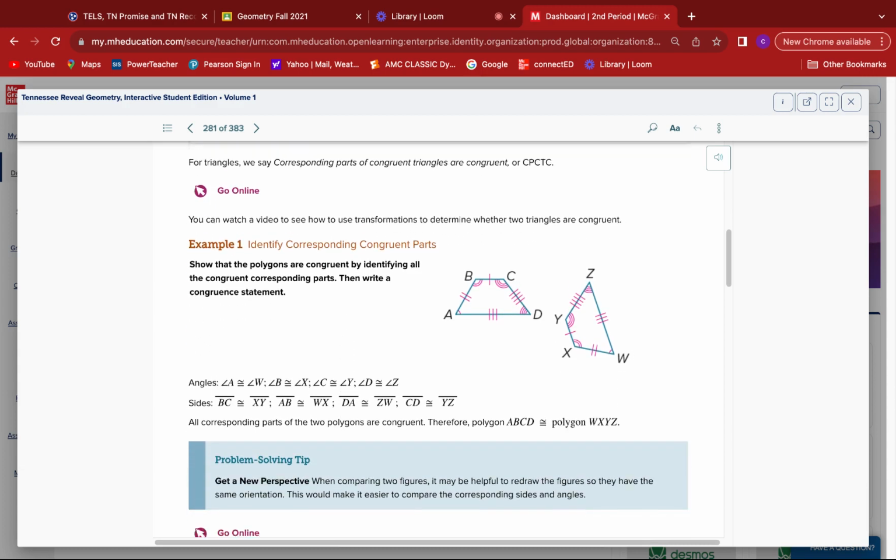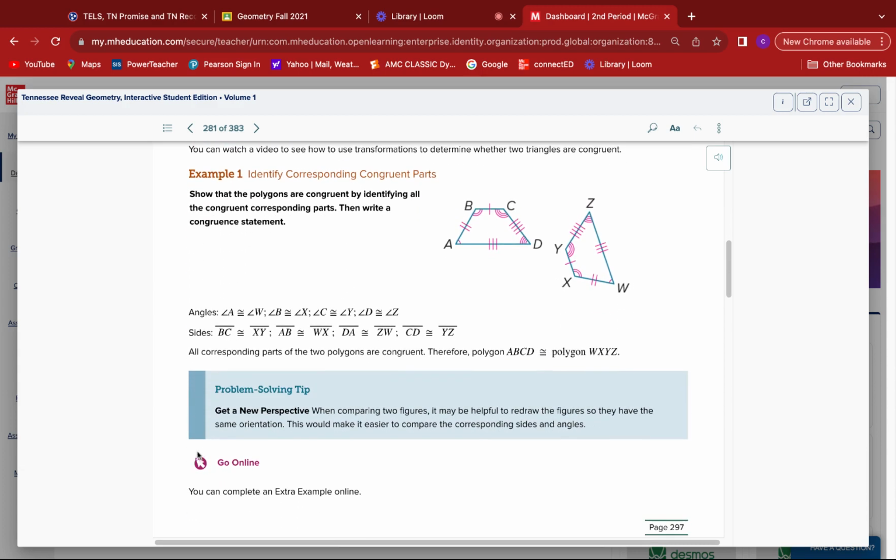Okay, with that being said, we're probably going to end up having to identify things that are congruent based on their position and also their little marks. And I see we're going to do angles. So A and W are congruent, B and X are congruent, C and Y are congruent, and D and Z are congruent. You can tell by their little slash marks.